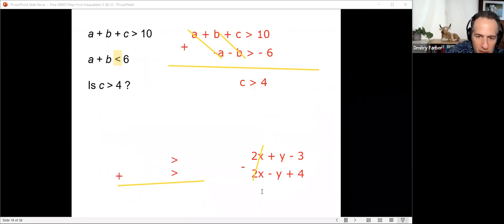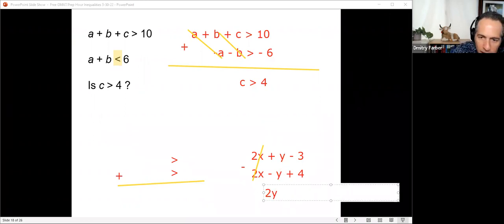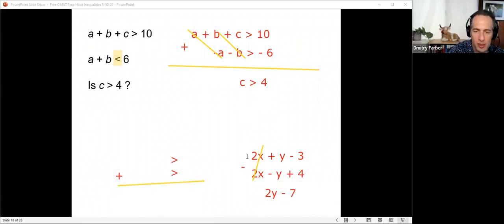So hold on, I actually want 2y, and I want -3 minus 4, so it's -7. So I think, generally speaking, it's better to multiply through that negative. Main takeaway, if you haven't already done this before, is simply that you can stack and add inequalities if the signs are pointing the same way. If you want to cancel something out, get a negative through, but the sign's going to end up switching. Okay, that makes sense? Questions on that?